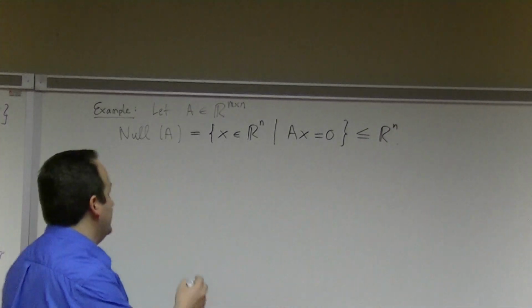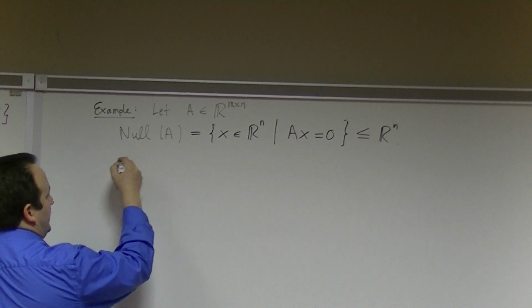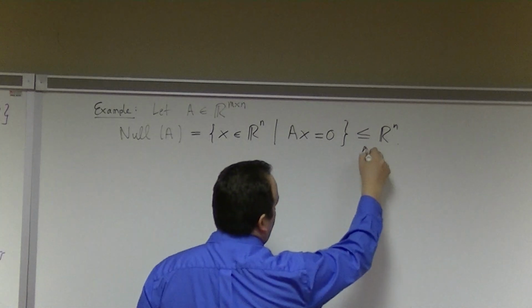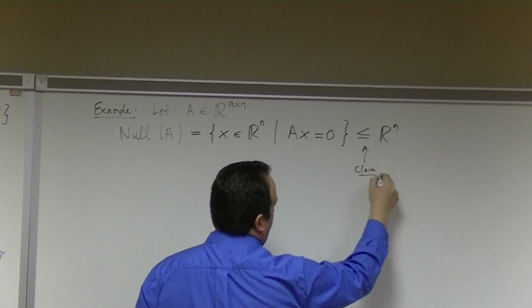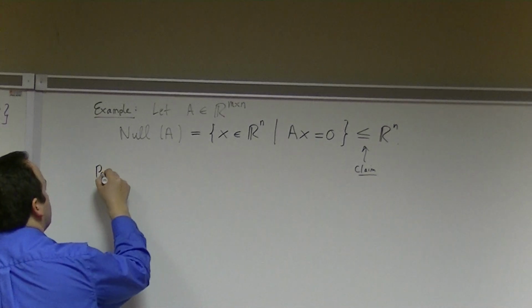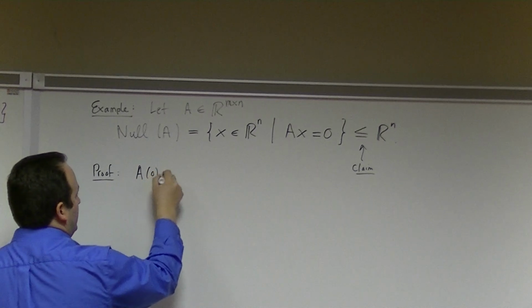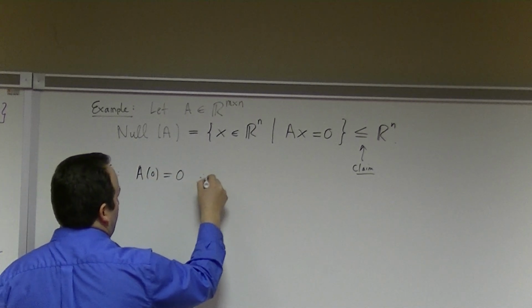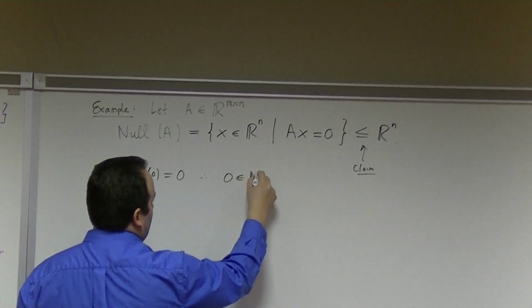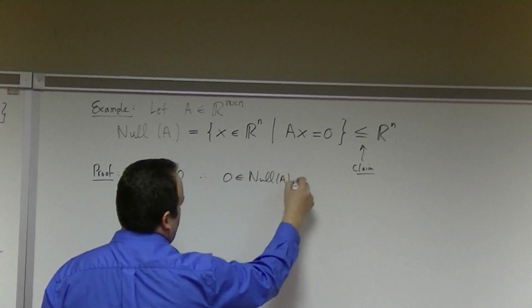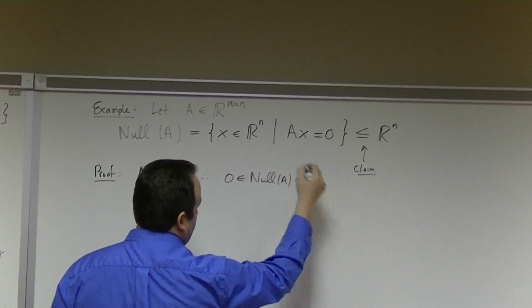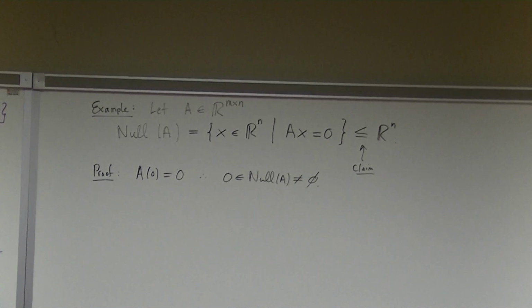Now I'm going to take what Landon said. Here's my claim, and here's the proof. First, I'm going to take Landon's advice and notice that A times 0 is equal to 0, right? So therefore, 0 is an element of the null space of A, which of course then is non-empty.